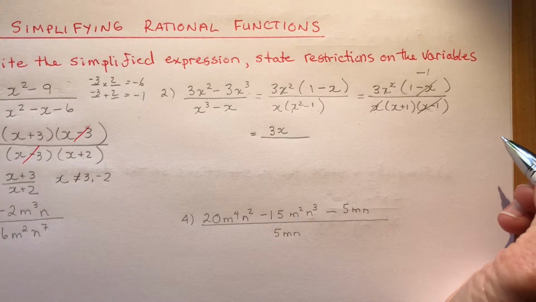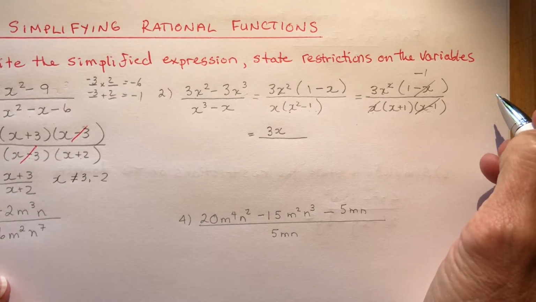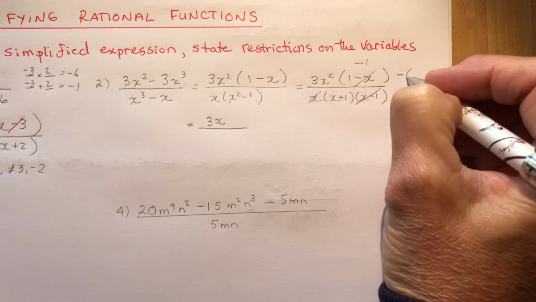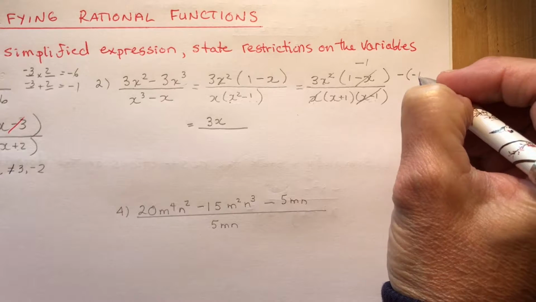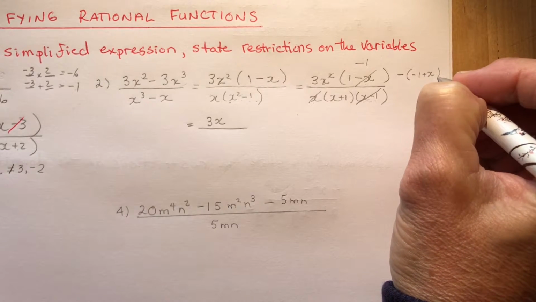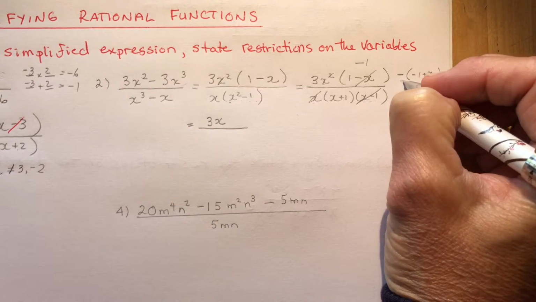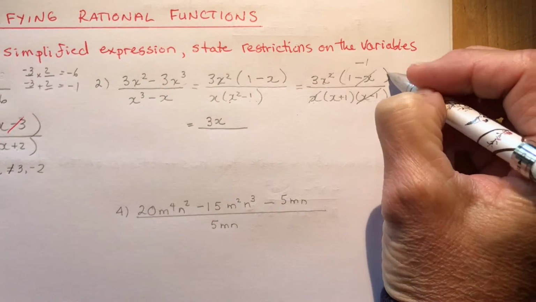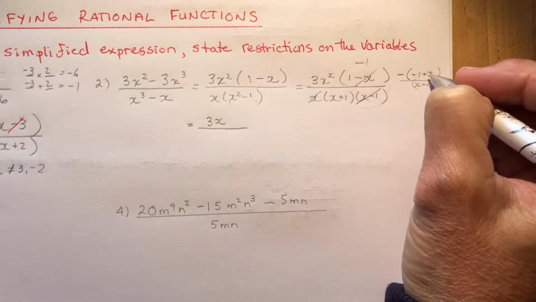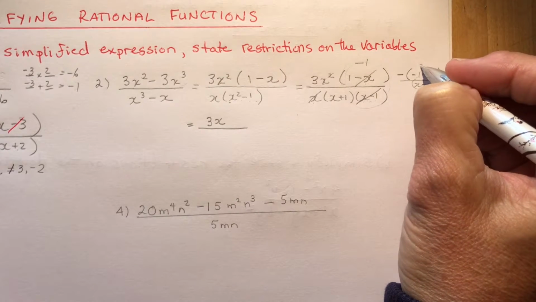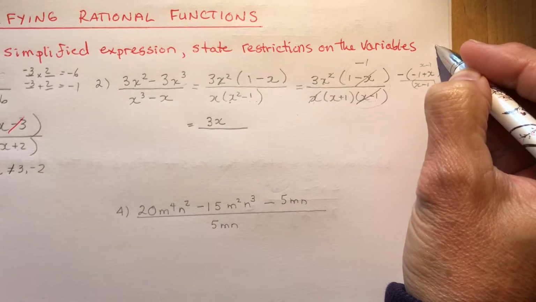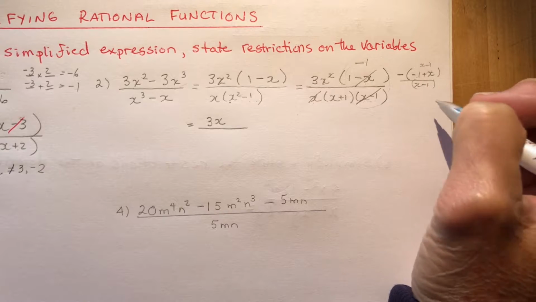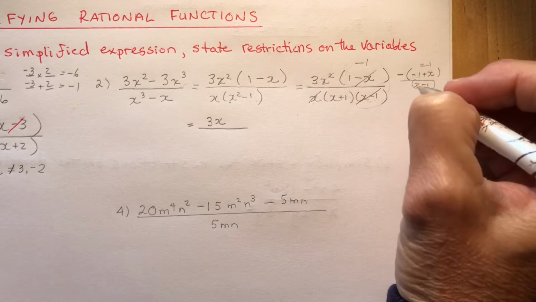So again, you could take out a negative, and that would make it minus 1 plus x over x minus 1. I'm just looking at this part here, right? So you can see that minus 1 plus x is the same as x minus 1, right? They would divide out.